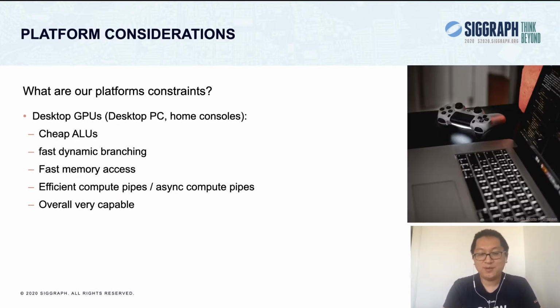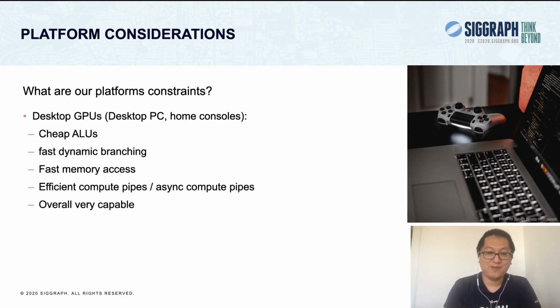On the other side, we have desktop GPUs, desktop PCs, and home consoles. They are very powerful. Arithmetic operations are very fast. You can write very complex shaders. They have dynamic branching, also very fast. They have fast memory access. And they have compute shaders, which are also very efficient.